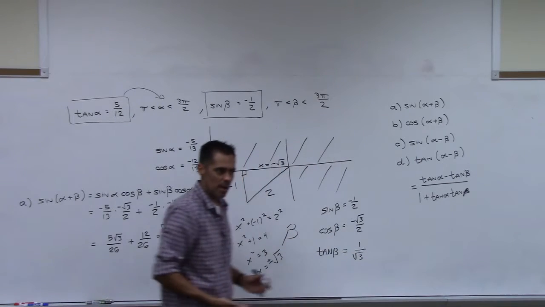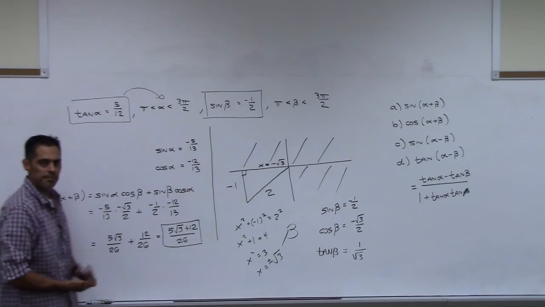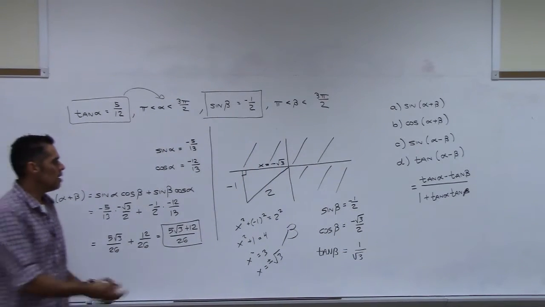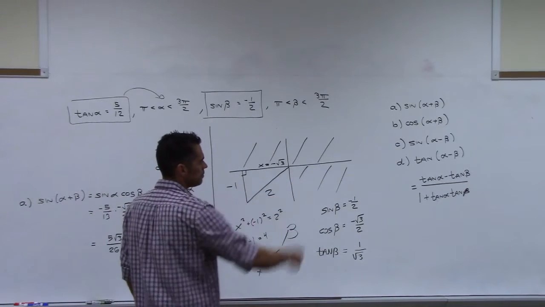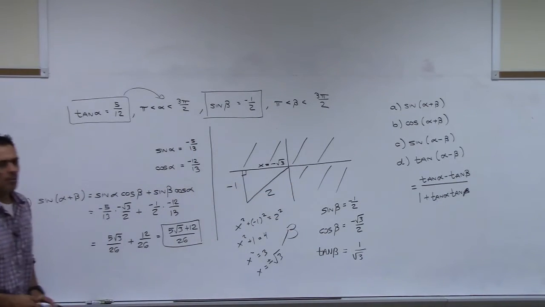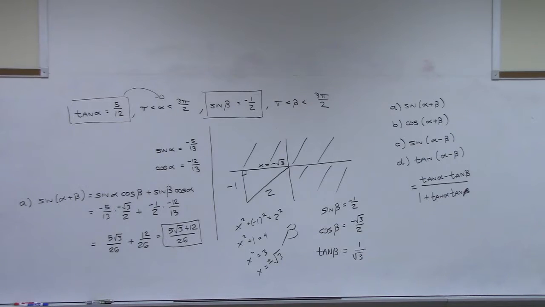Negative and negative become positive. So then you just plug everything in over here. Is that good? Is that sufficient? Okay. All right, anything else? Anything else kind of popping out at you going, uh-oh?